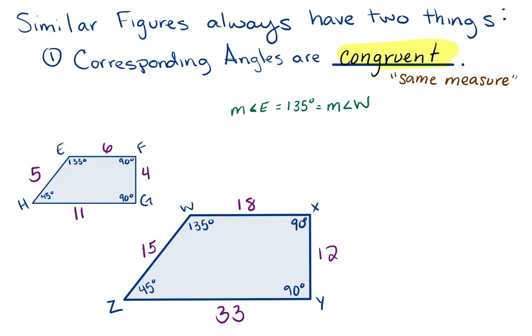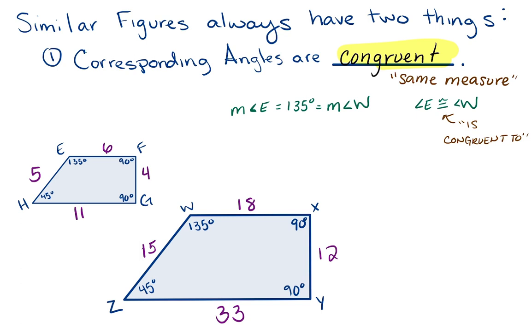So my first congruent statement, without the M, is that angle E is congruent to angle W. This symbol is congruent; it stands for "is congruent to." It's an equal sign with a squiggle on top.